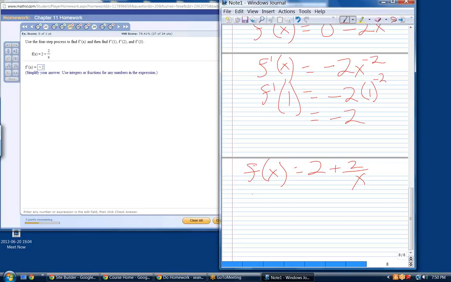I did an example earlier, and their problem was 6 plus 9 over x, and their answer was negative 9. So I don't know why it doesn't apply. Yeah, their f prime of 1 was negative 9.